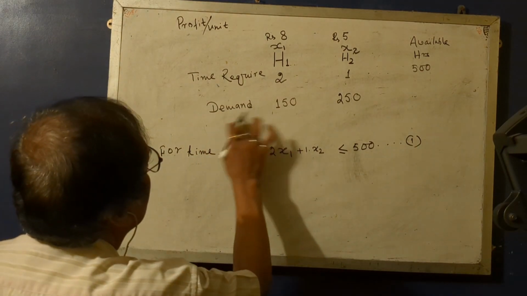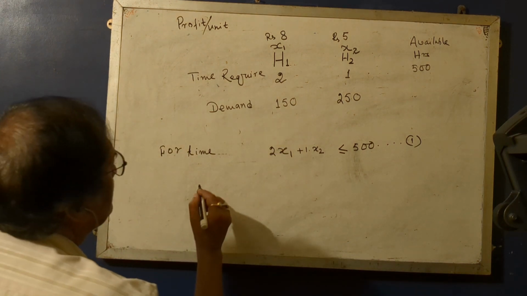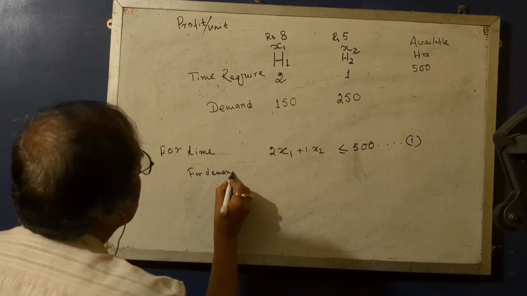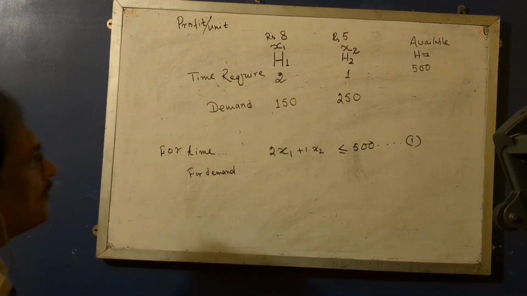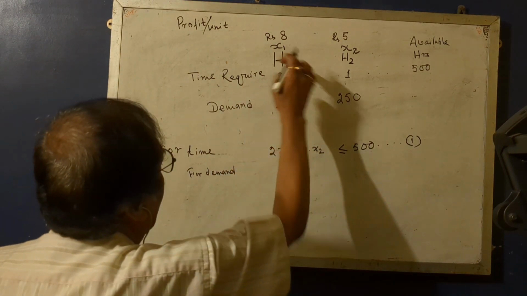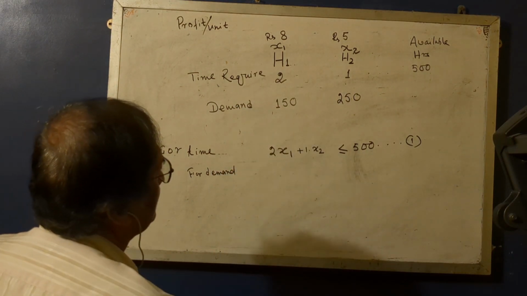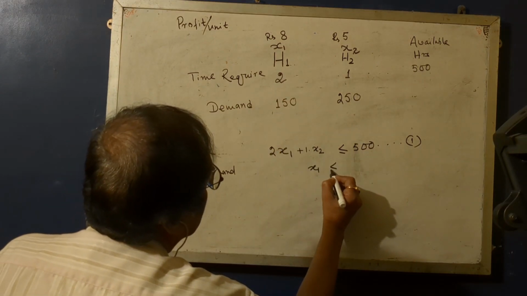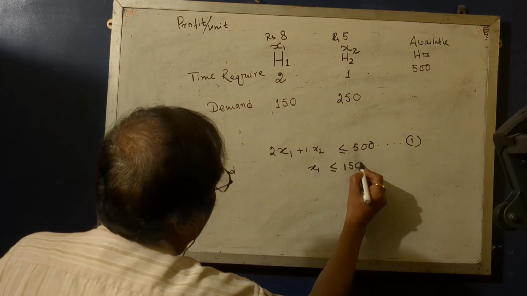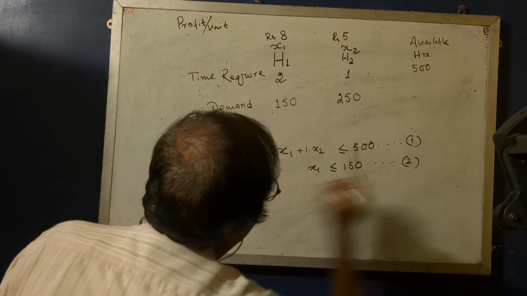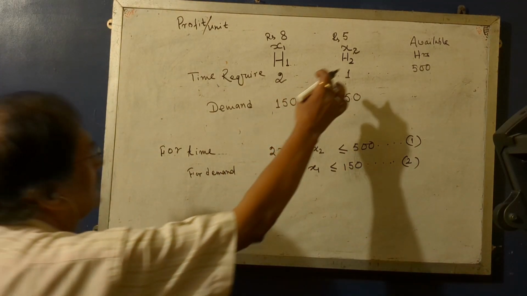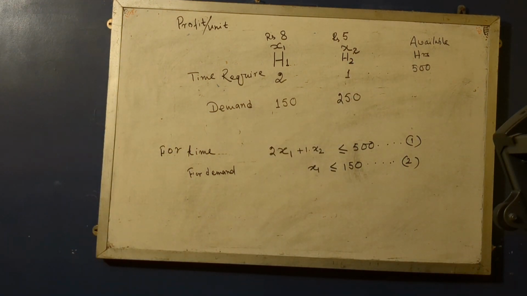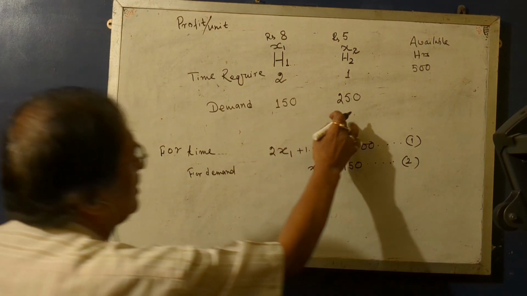Now, for demand, what will be the constraint for demand? The maximum demand per day for this hat is 150. That's why x1, which we are producing, must be less than or equal to 150. Okay. And for this type of hat, the maximum demand per day is 250.